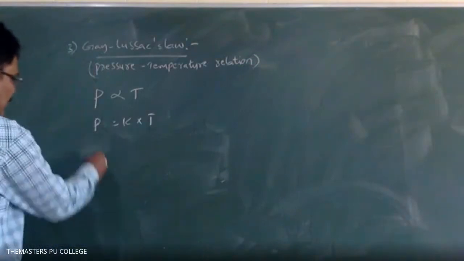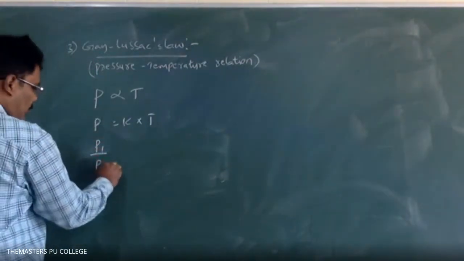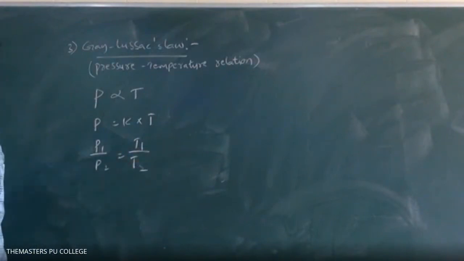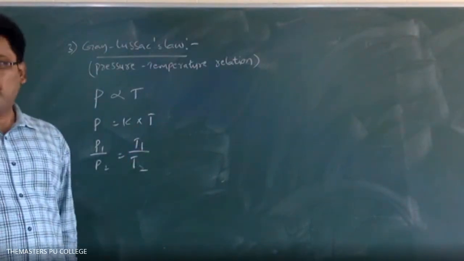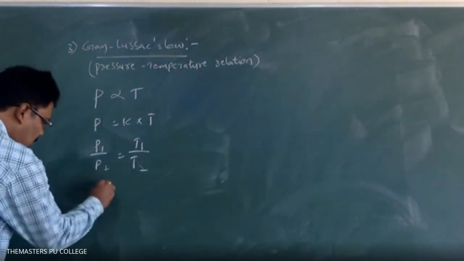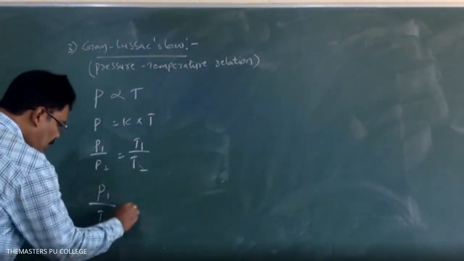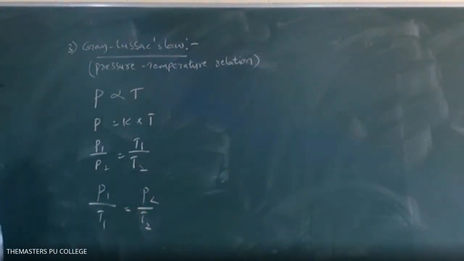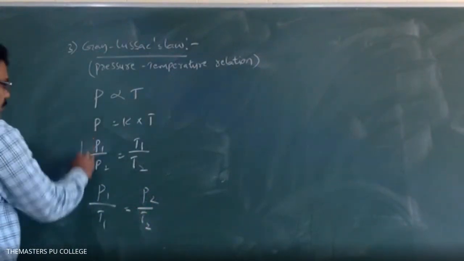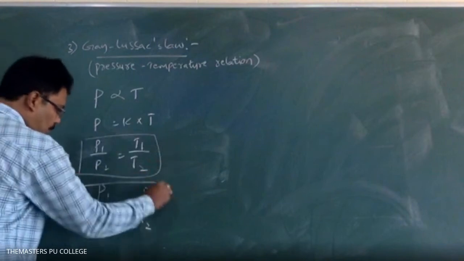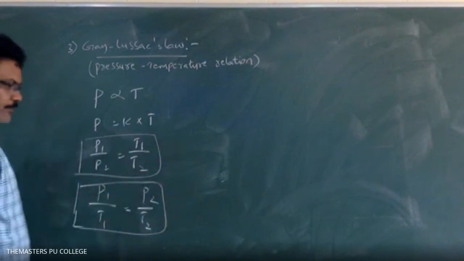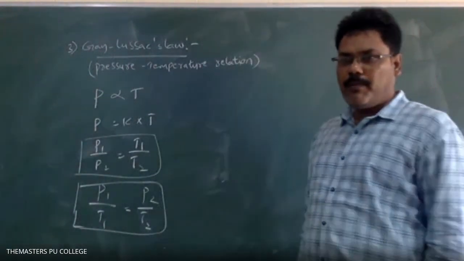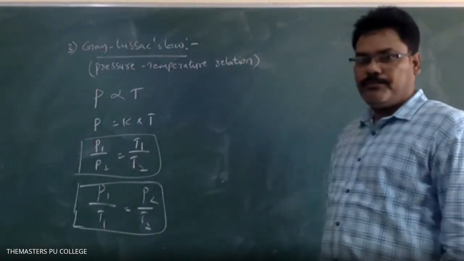Then P1 by P2 is equal to T1 by T2, which can be written as P1 by T1 is equal to P2 by T2. These relationships we have to remember. That is Gay-Lussac's law.